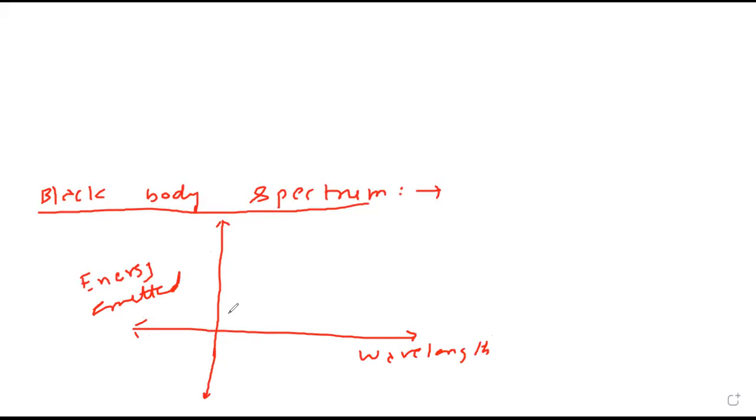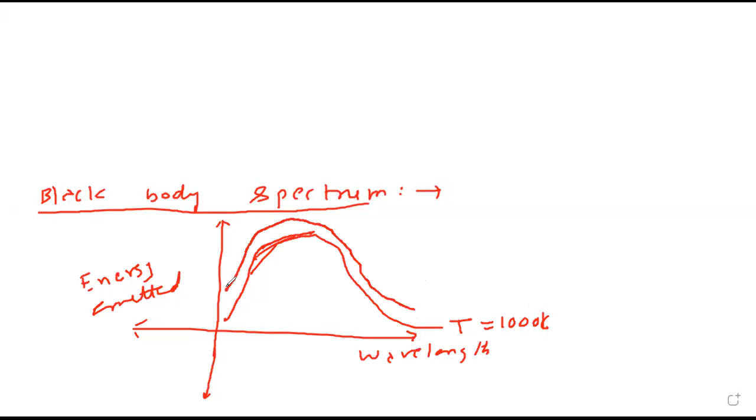When wavelength is increased, it is found that energy emitted increases, becomes maximum, and then again decreases. When temperature is increased, then for the same wavelength, energy emitted increases, becomes maximum, and again decreases.